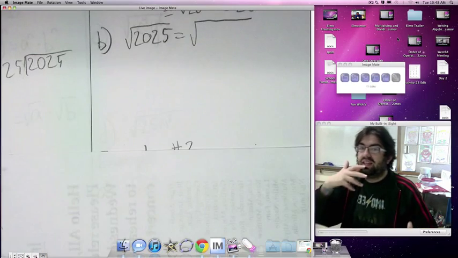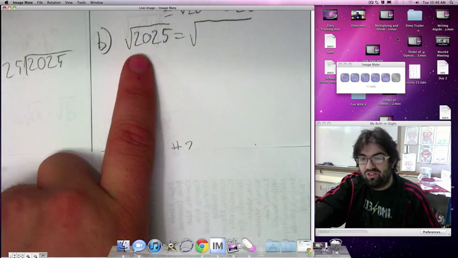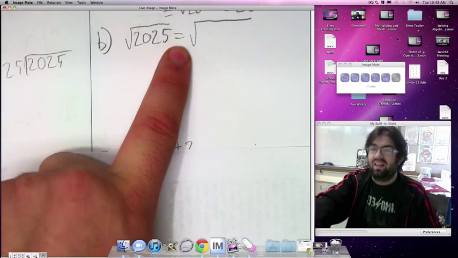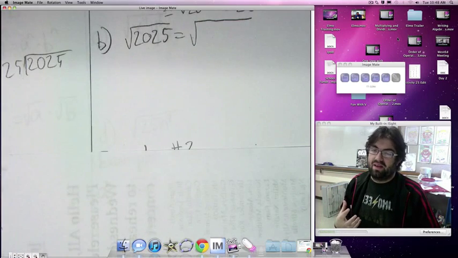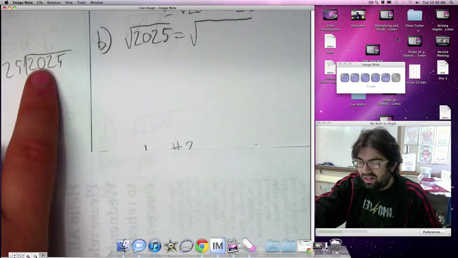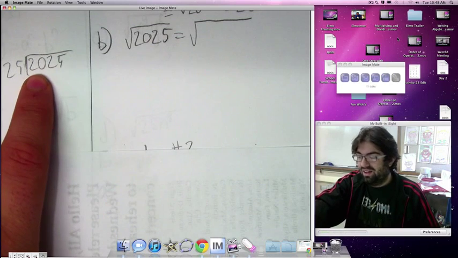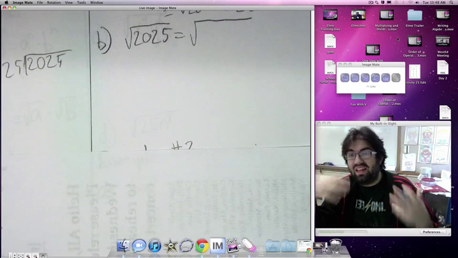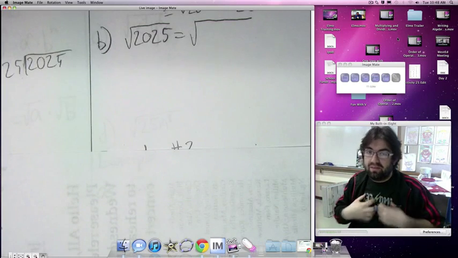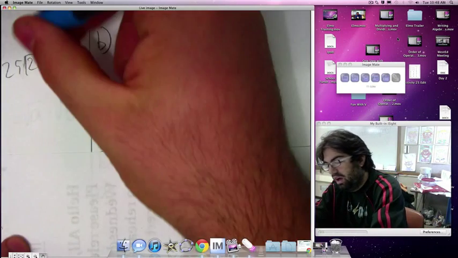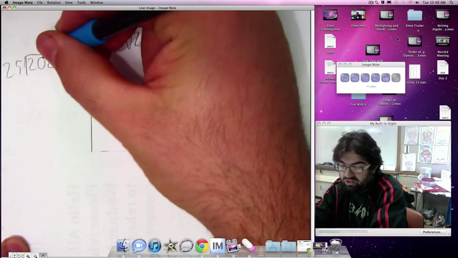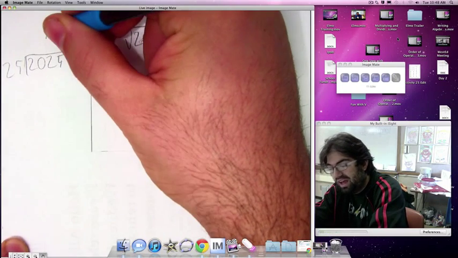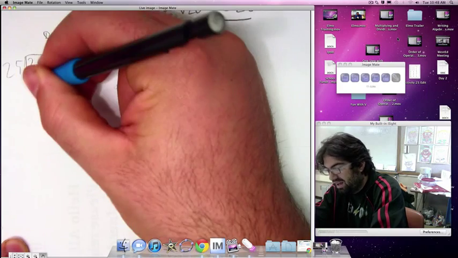By the way, again, remember the rules. This has got a 5 in the end of it. I know I can divide something by 5. I also know 20 divided by 5 is 4, and 25 divided by 5 is 5. Go with those ideas, those hints, those gut feelings. They work. 25 doesn't go into 20, but it definitely goes into 200, and it goes into 200 8 times.